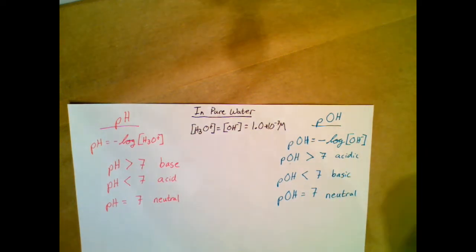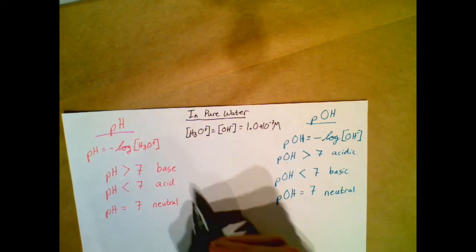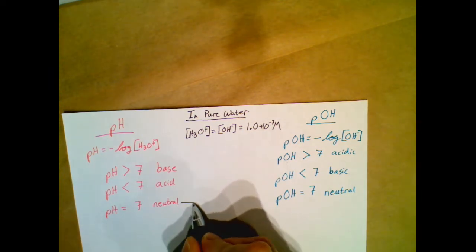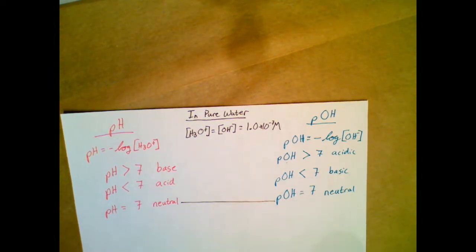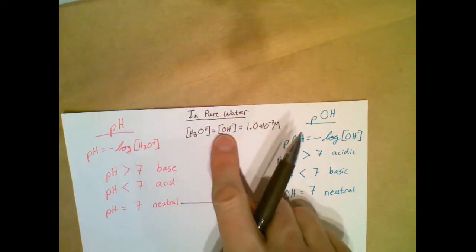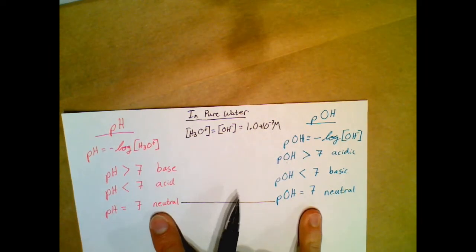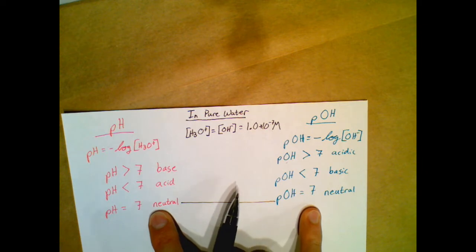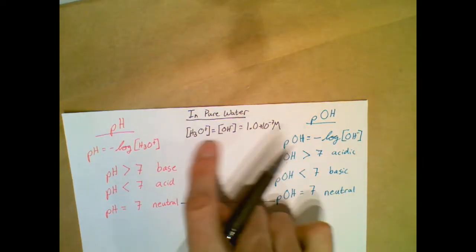All right. Now I probably should have written this a little bit differently. But those two connect, right? Any solution where these two are equal, the pH and the pOH are going to both be 7 if you have a neutral solution because their concentrations are equal.